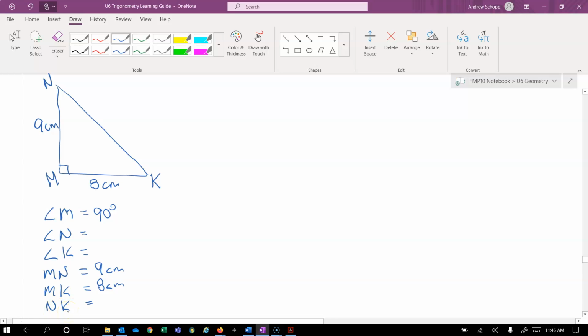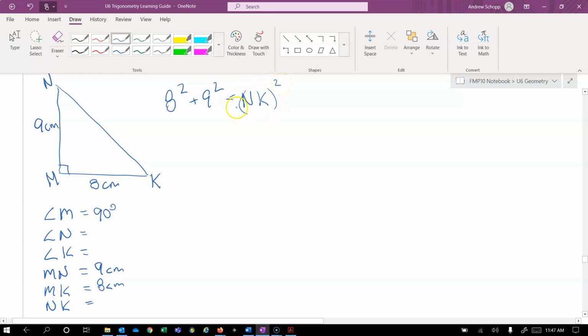So we have some options here as to what we want to do first and how we go about doing it. If I wanted to finish up the side lengths and find NK first, I have two sides and I'm looking for a third. So we know that that is the Pythagorean Theorem. So we can go 8 squared plus 9 squared must be equal to the side length NK squared.